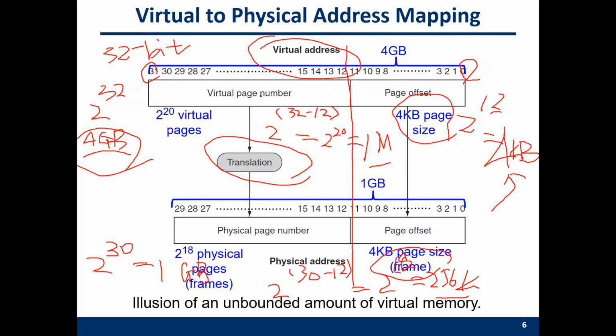How to translate this virtual address to the physical address is a very important issue, because you have to guarantee a very fast translation. Otherwise, you just prolong the latency of each memory access.